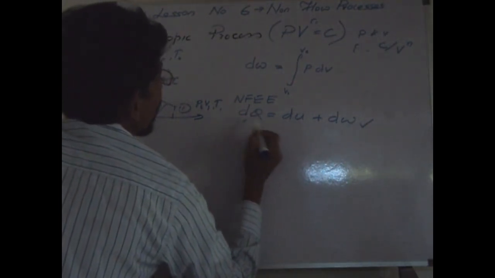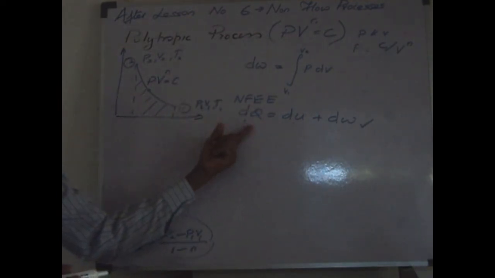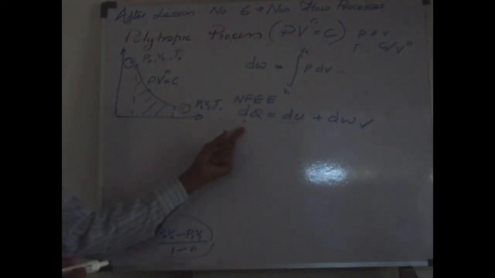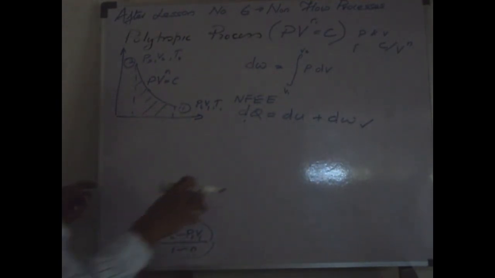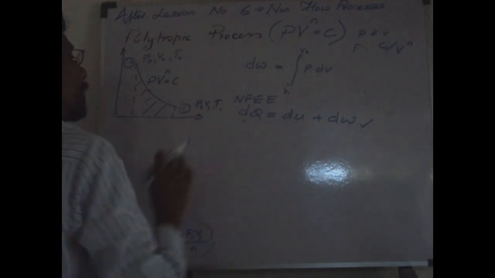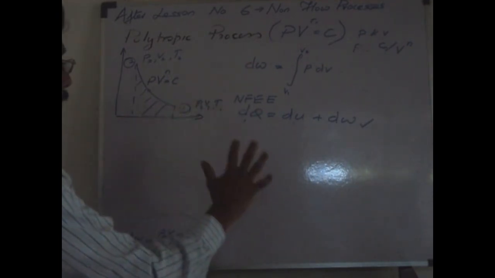Once you are given dQ or dU, you will be able to find out W. If you are given dU, then dQ can be found if you know dW. I think that's all for the polytropic process.